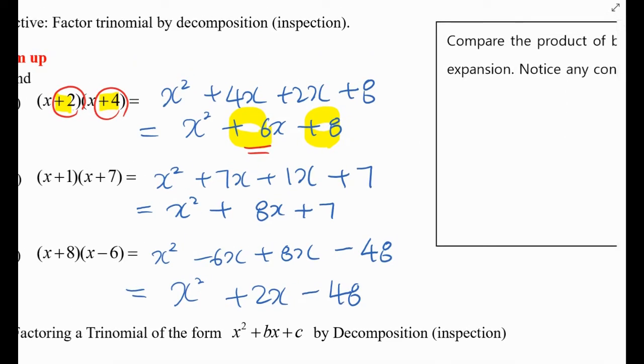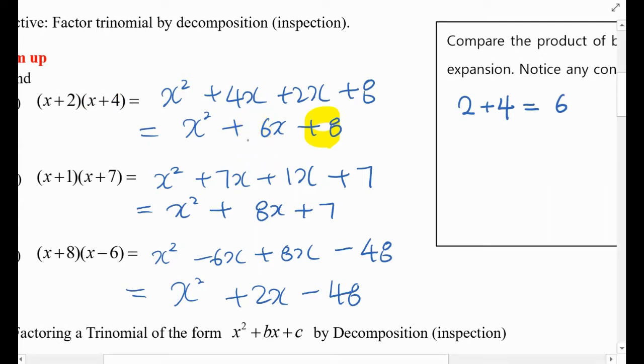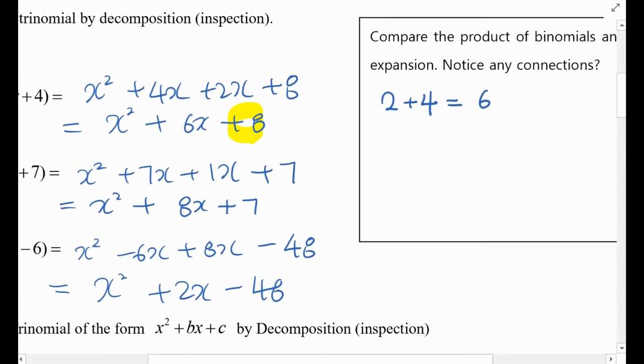Anybody notice anything here? When you add positive 2 plus positive 4, it becomes 6. What about 2 and 4 and 8? Any connection you notice? When you multiply positive 2 and positive 4, it becomes 8.